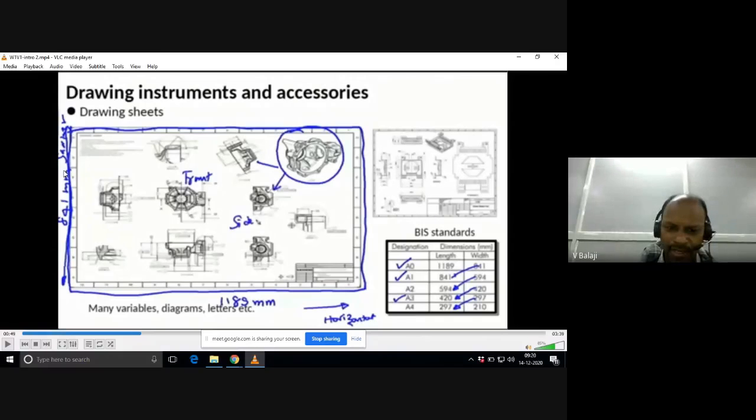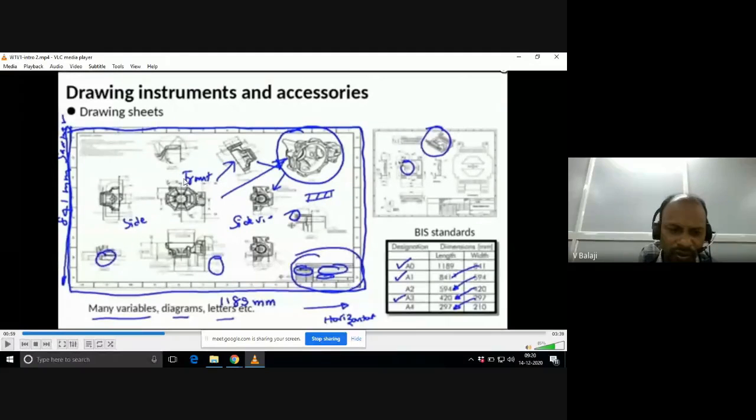And inside that you are drawing some things. Suppose I have shown you here one pictorial view, 3D view. And somewhere I have drawn front view, somewhere side view. Like that, I am showing you different views inside the drawing sheet. Anyway, we will discuss later.